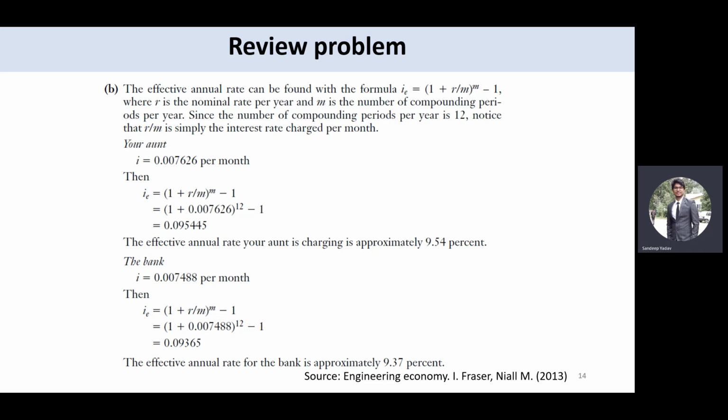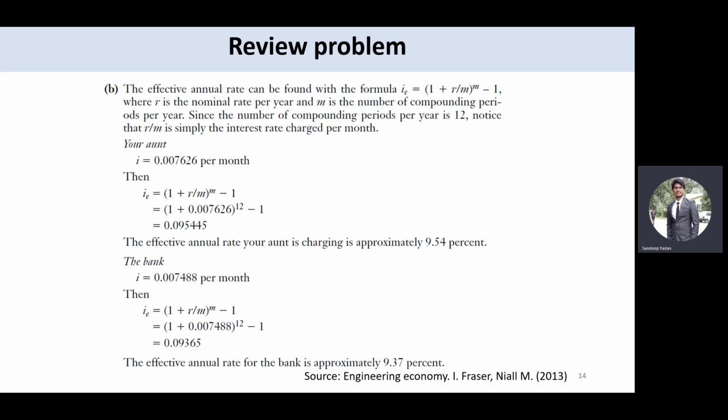Now your aunt is charging 0.7626 percent per month, and then we can calculate the effective interest from this formula by putting in values, that is 9.54%. Now let's calculate from the similar formula for the bank.